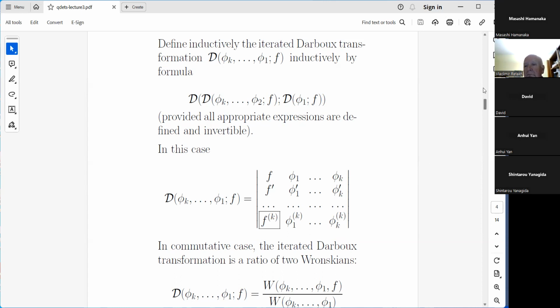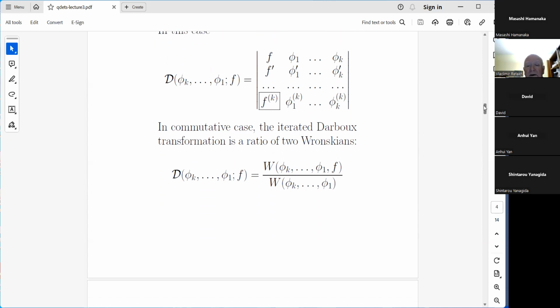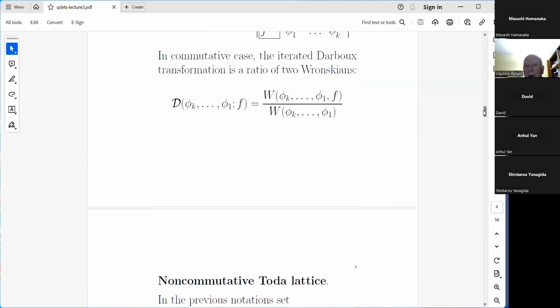And it correlates with the classical definition, because this quasi-determinant Darboux transformation in the commutative case is just the ratio of two Vronsky determinants.